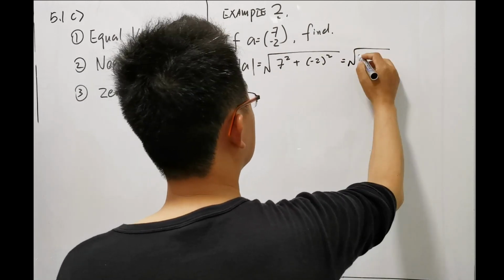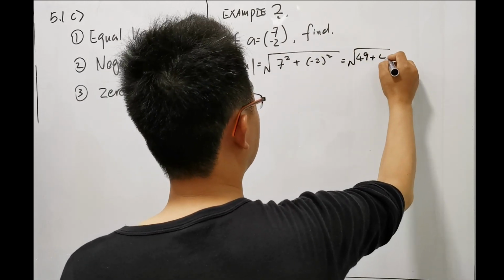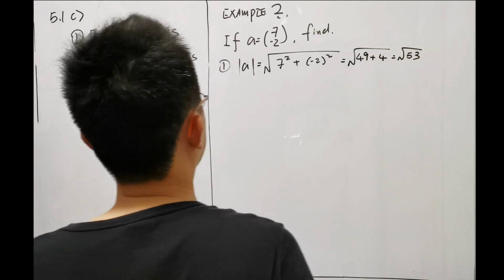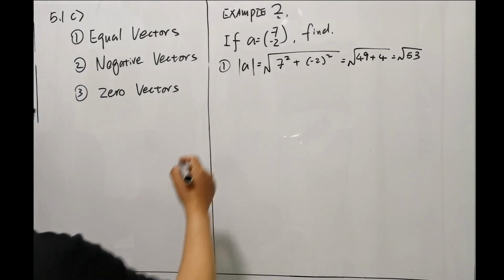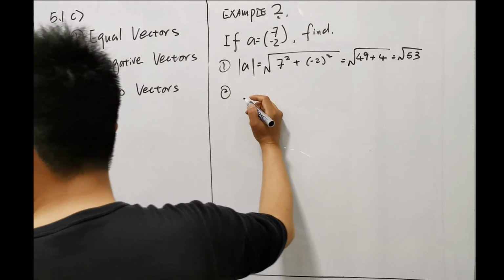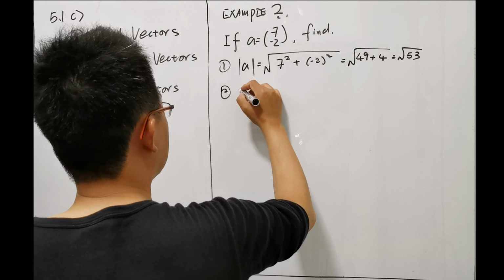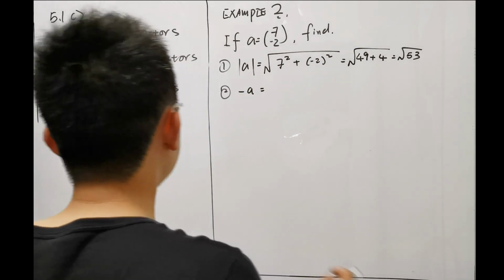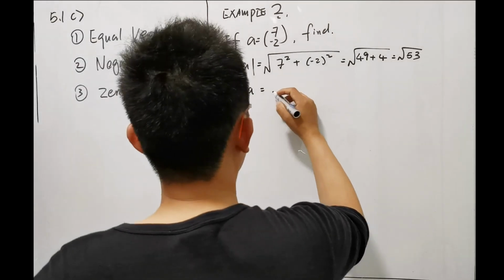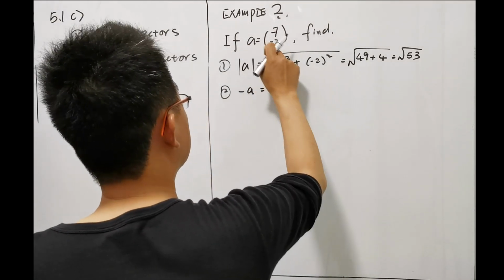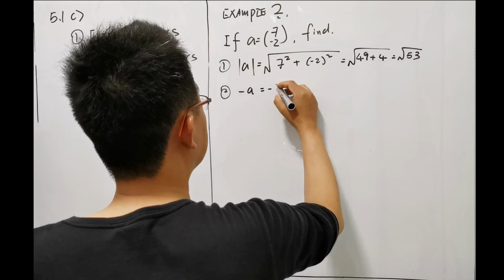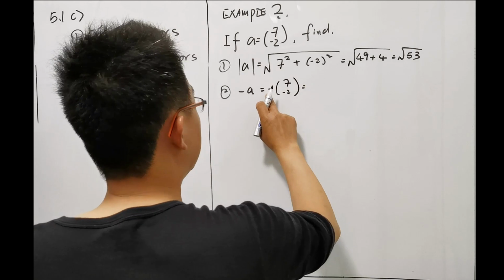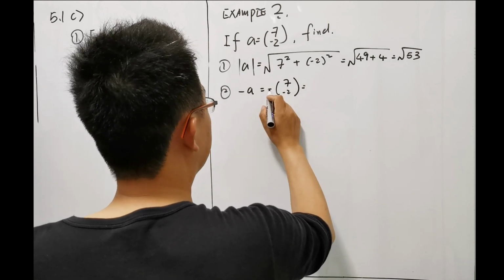So this is 49 plus 4, right? So then we have 53. This is the magnitude. And then for B, we're going to find minus A. Minus A is the negative vector of this A. Because we know this, we just put a negative on both components.